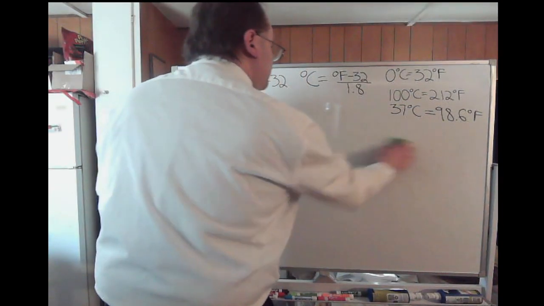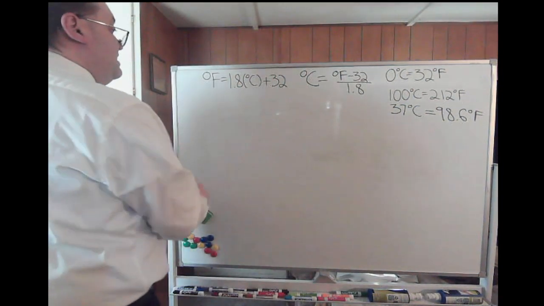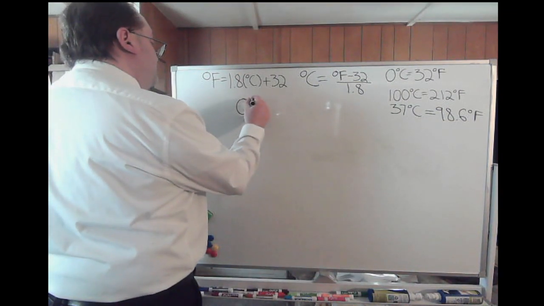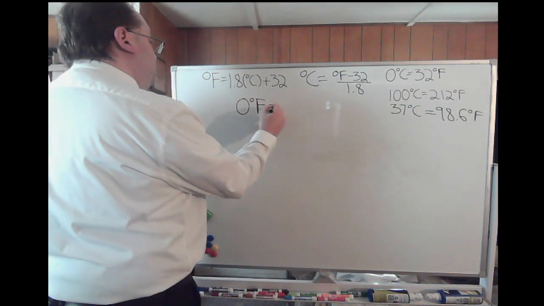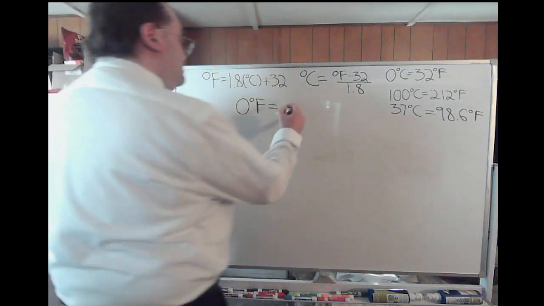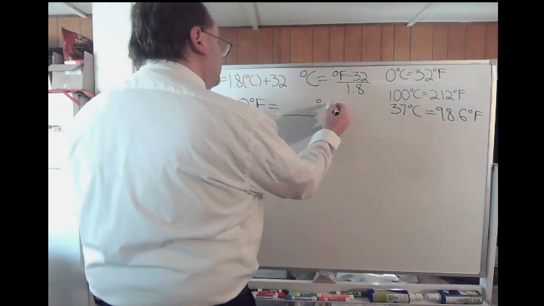And for the first time in this course, we're about to introduce negative numbers. So let's say it's 0 degrees Fahrenheit. It's a really cold day outside, 0 Fahrenheit. We want to convert that to Celsius.